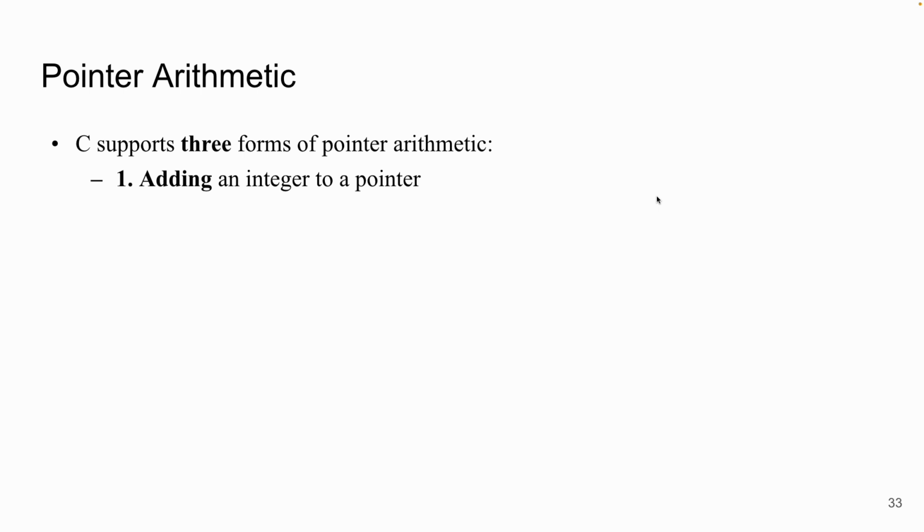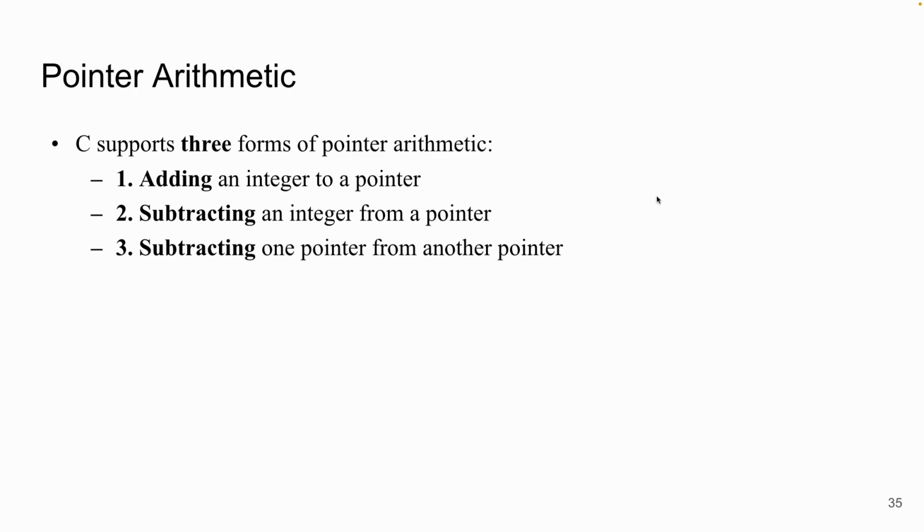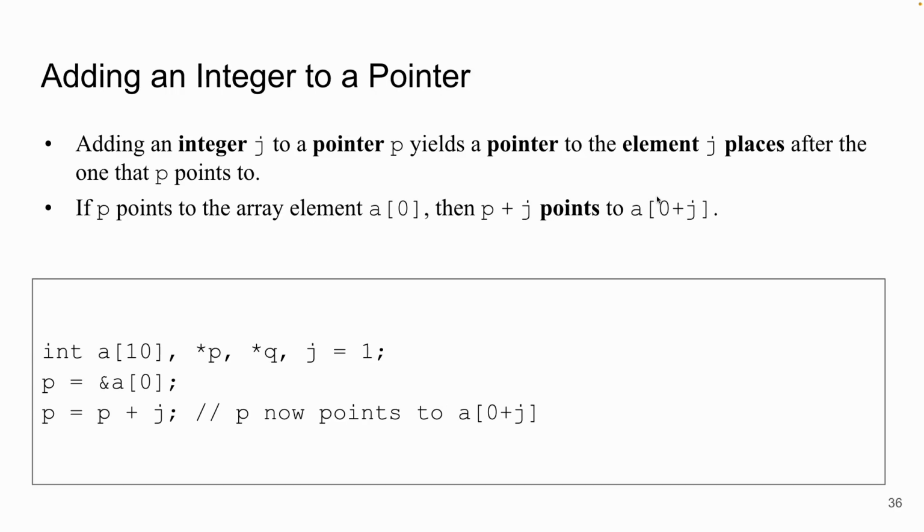The first one is that we can add an integer to a pointer. The second is we can subtract an integer from a pointer. The third one is we can subtract one pointer from another pointer, as long as these 2 pointers point to the same array.